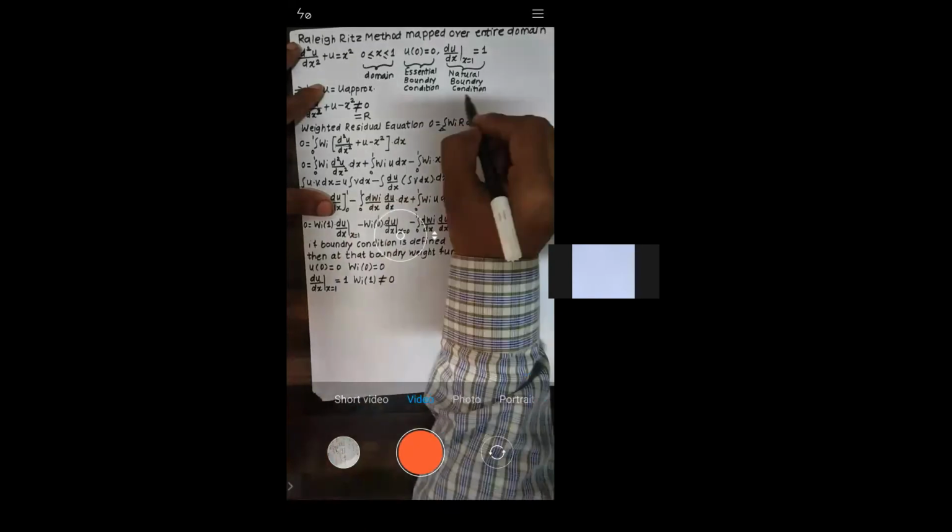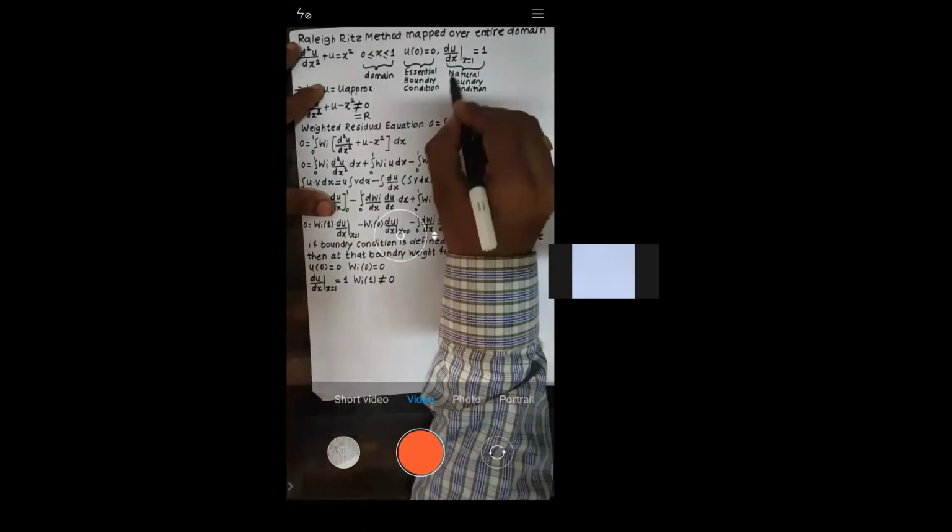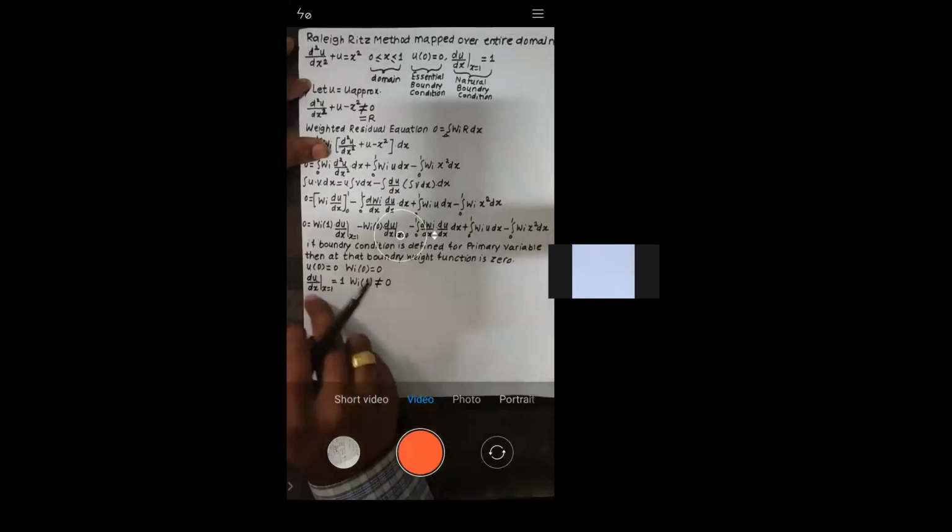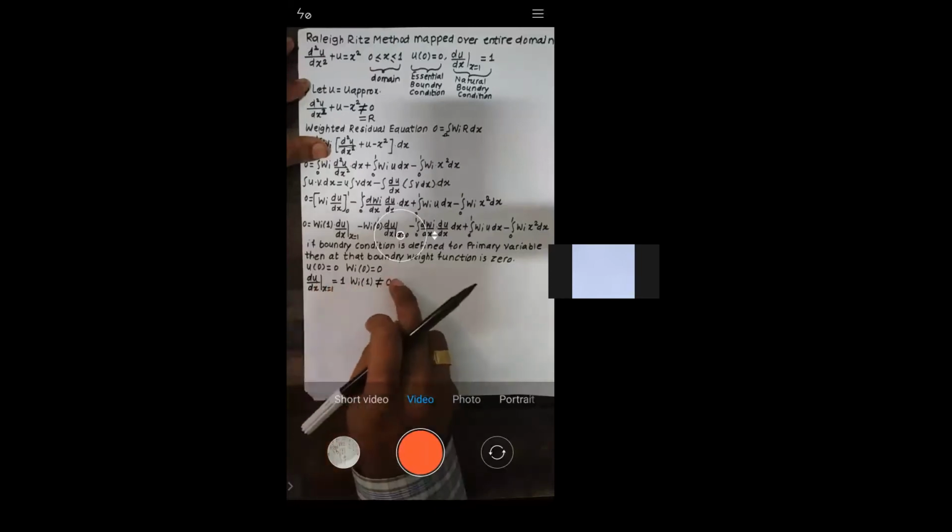That's why this is called a natural boundary condition. So this is not equal to 0. I have intentionally written it is not equal to 0, because this is a secondary variable. So I can't take the weight function at x equal to 1 to be equal to 0. Right? Yes or no?